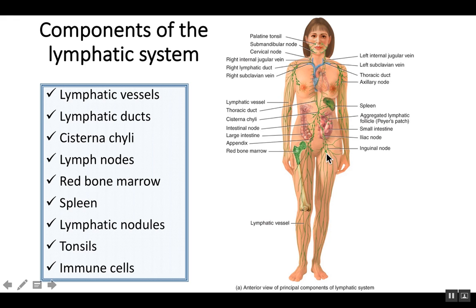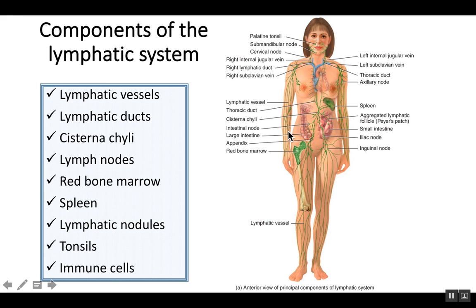These are known as inguinal lymph nodes because there's a lot of lymph coming from the legs. There's a lot of them that sit along your iliacs, known as iliac lymph nodes. There's a lot of them in your abdomen. There's a lot of them sitting in with the small intestines, called intestinal nodes.